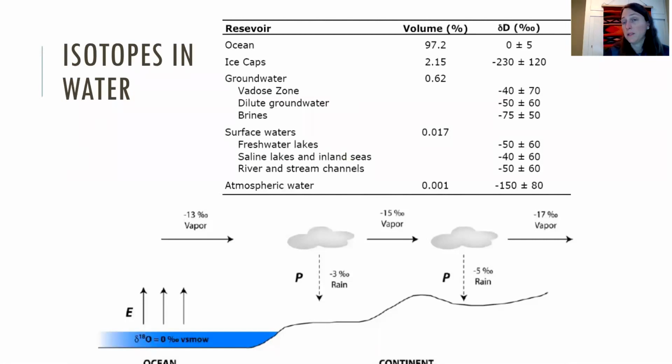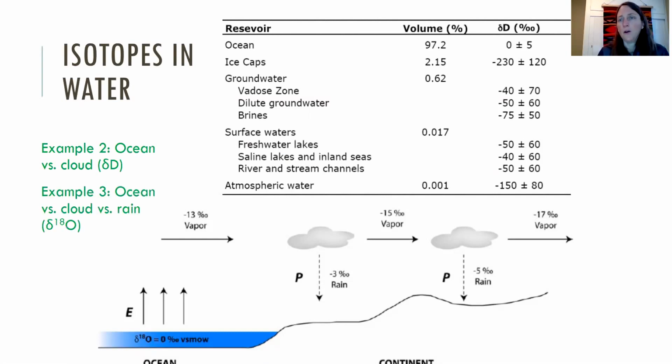This is partly why we see those patterns in oxygen across the map. The same is true for hydrogen isotopes. We can see some really big differences between the ocean water, ice caps, atmospheric water, rivers and lakes and stream channels and things like that. So for example, you could compare ocean deuterium to a cloud deuterium and put that on your little chart. You could compare ocean to a cloud to the rain, and where would you see those values come up in terms of O18.